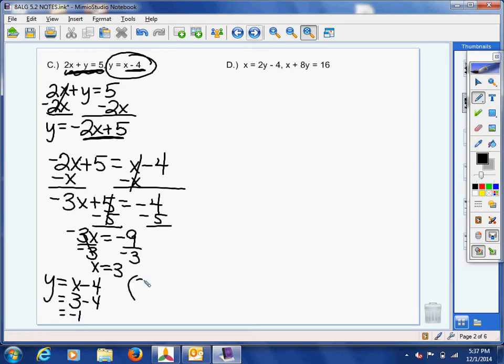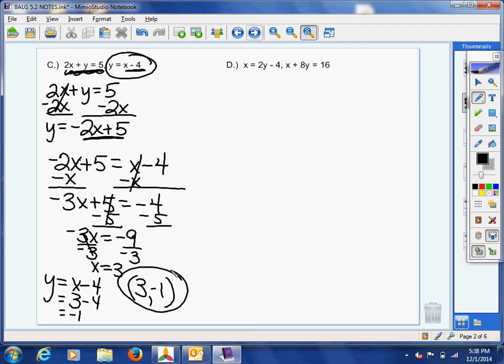So my point of intersection, x is 3, y is negative 1, and there's my point of intersection, 3, negative 1. So far, is this seeming pretty easy? I really do like it when they are already solved for either x or y. When I have to do rearranging, I don't like this particular method, but I'm showing you how to do it in case you do happen to latch onto it.